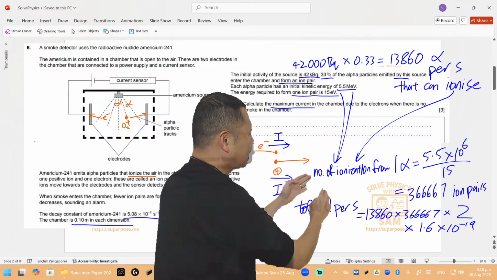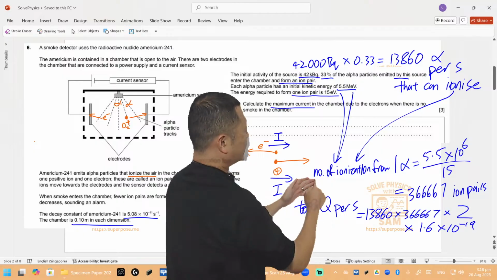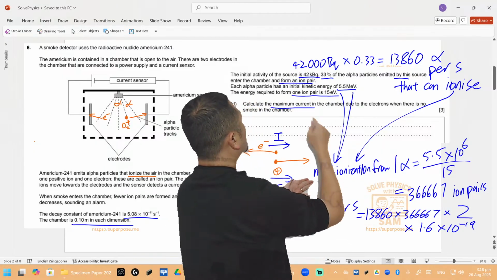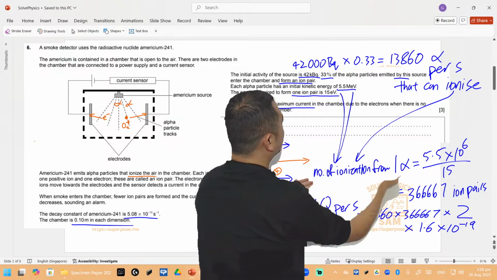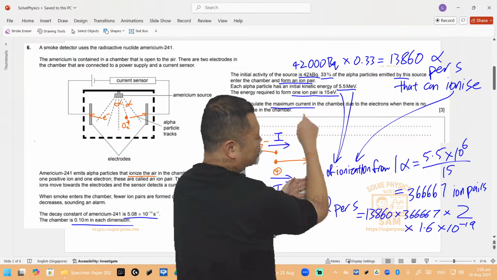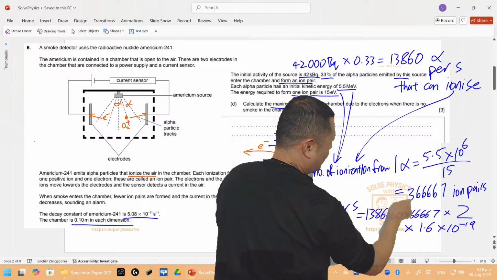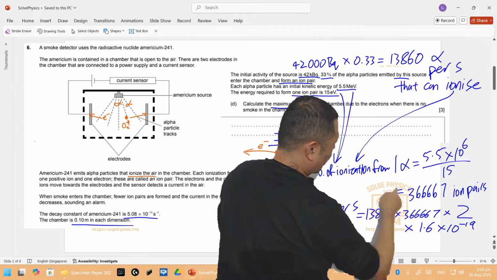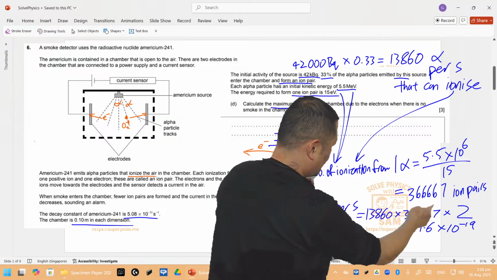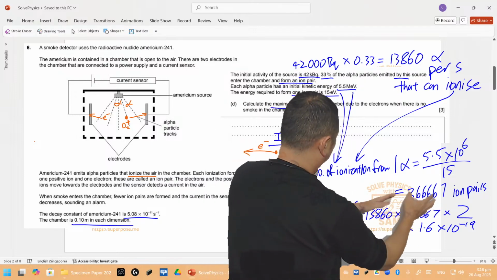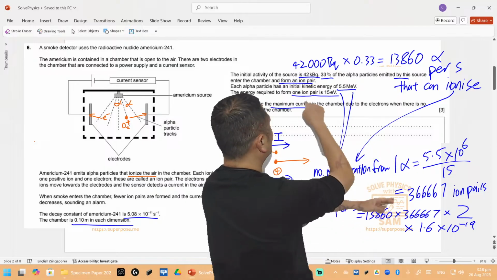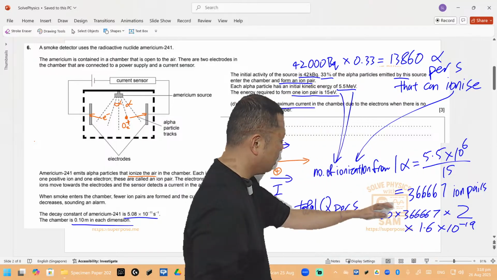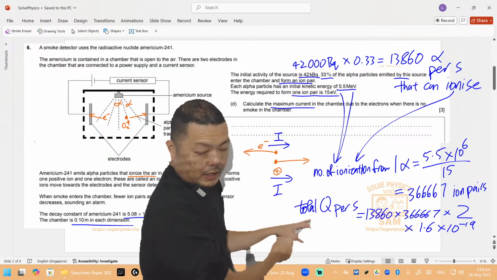So technically speaking, the number of ionizations from each alpha particle is this amount, this weird number, 3666.7 ion pairs that you can make. So the total charge, what, sorry?